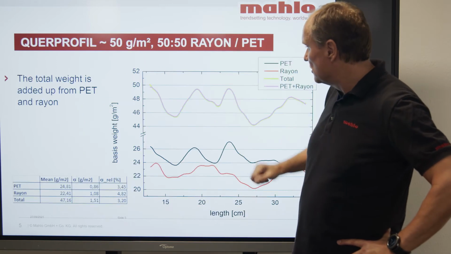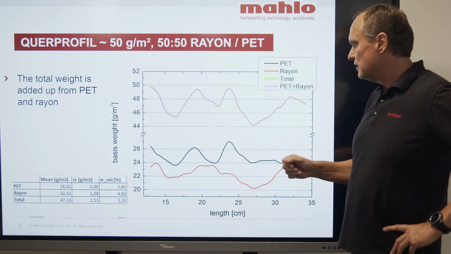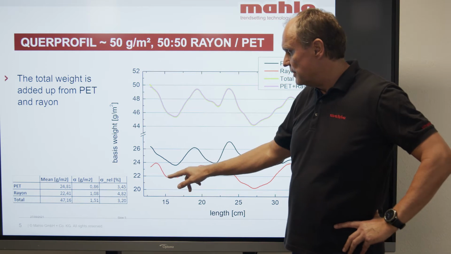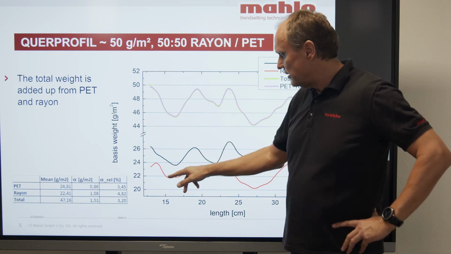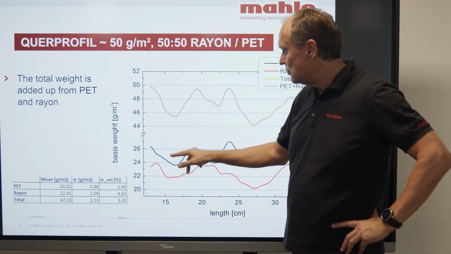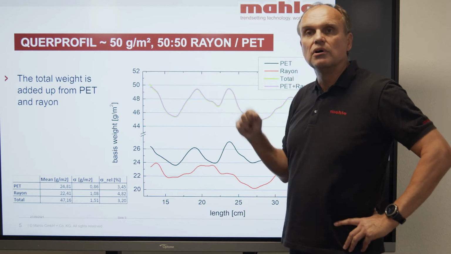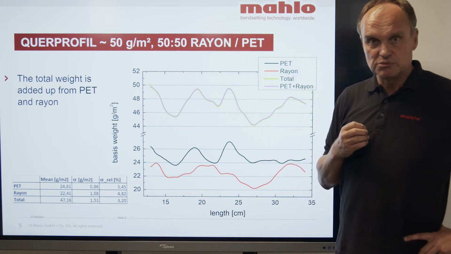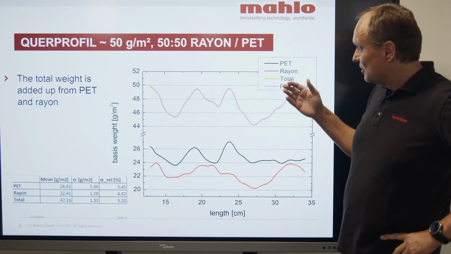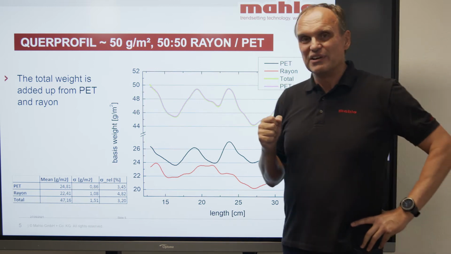And so we have the possibility to measure the basis weight by adding the 2 components to the true total basis weight. And all this can be done with only one single sensor. So far for the theory.